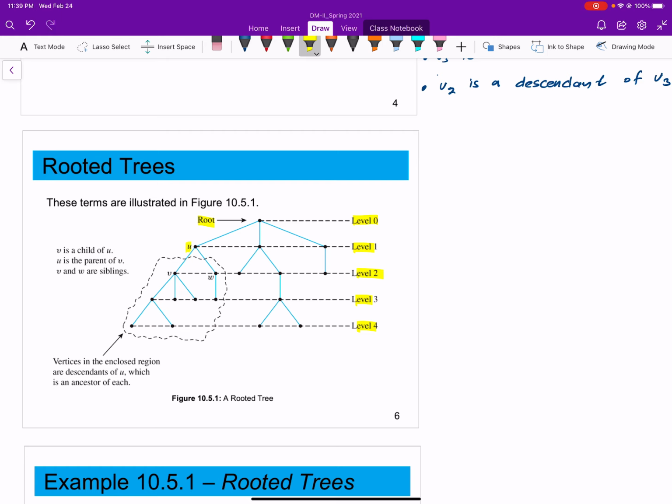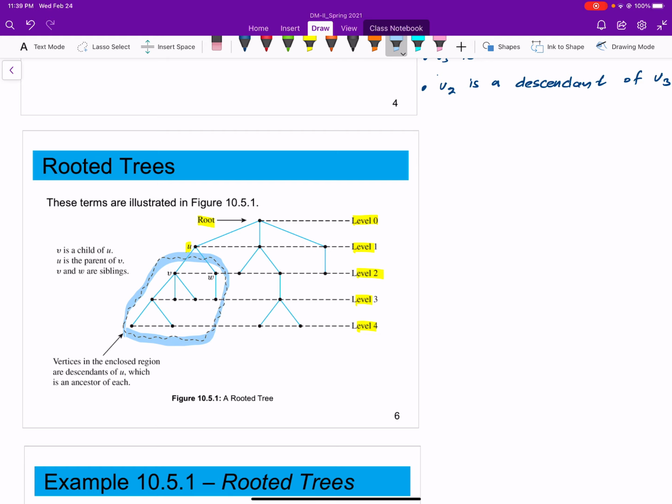All right, and then what we do, we just consider this part of the tree, let me use a different color. We just consider that part of the tree.